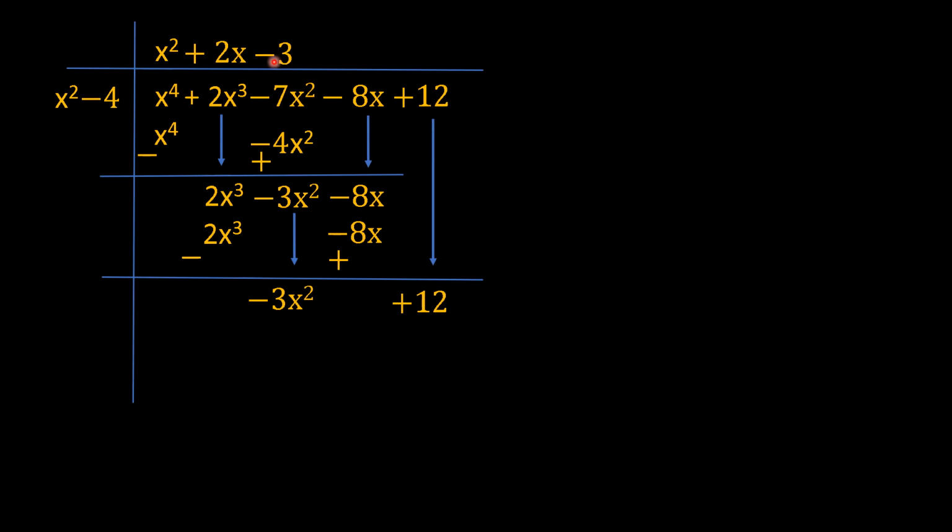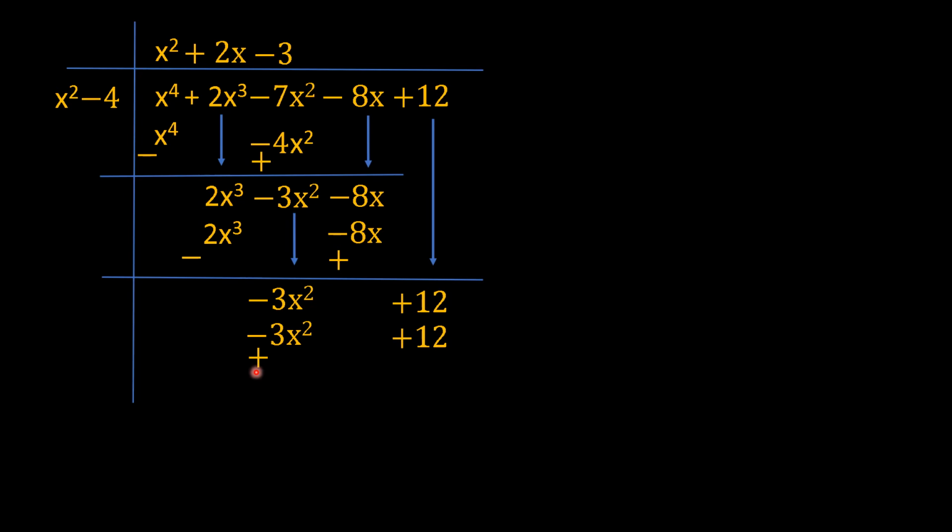Now we will multiply x squared minus 4 by minus 3. So minus 3 multiplied by x squared gives us minus 3x squared, which we write here. Then minus 3 multiplied by minus 4 gives us 12, which we write here. Now we will change the signs.